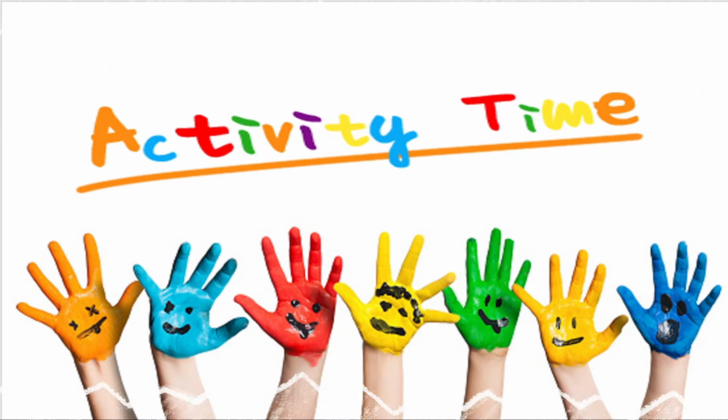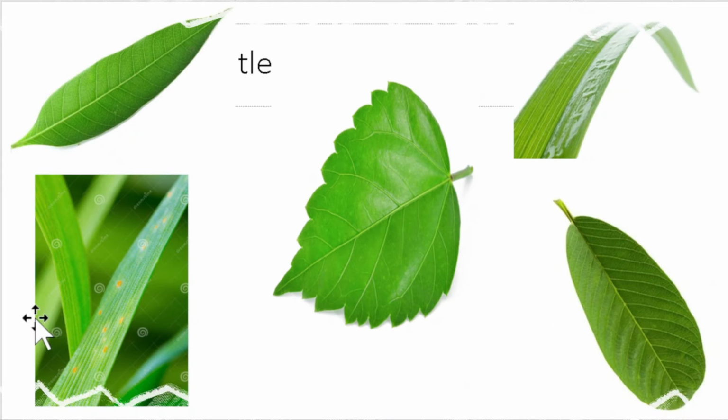Let's do an activity. What we'll do is try to find out leaves which have a similar kind of vein pattern on the leaves. And we have called this leaf venation. Am I right or not? Yes.